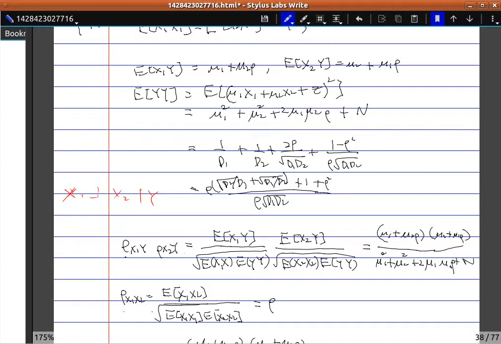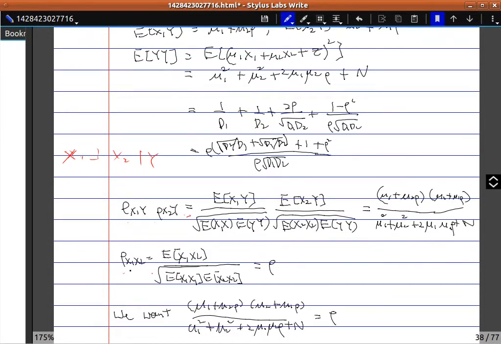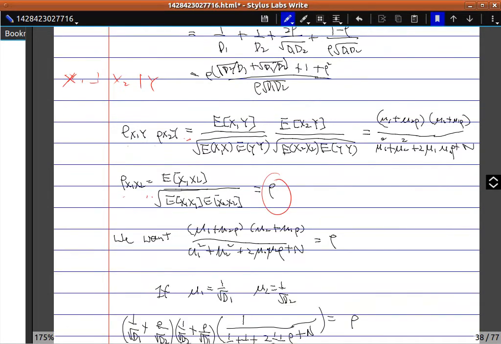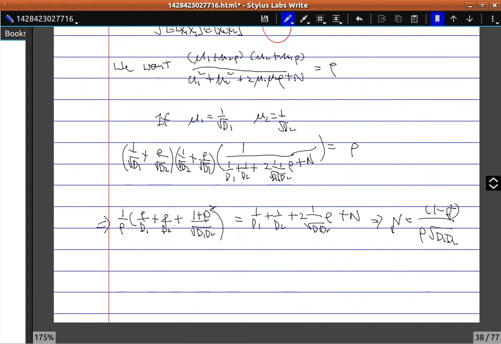So we can compute each correlation coefficient, and the correlation coefficient of x1 x2 is just equal to rho. We make them equal, and this expression depends on n, so we solve that, and eventually we get n equal to this one, (1 minus rho squared) over rho, times d1 d2.